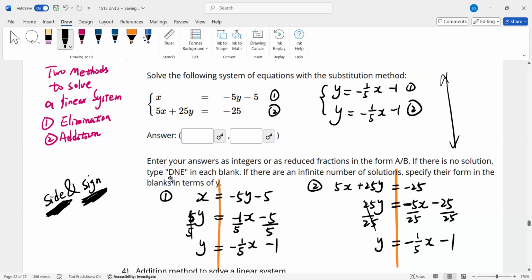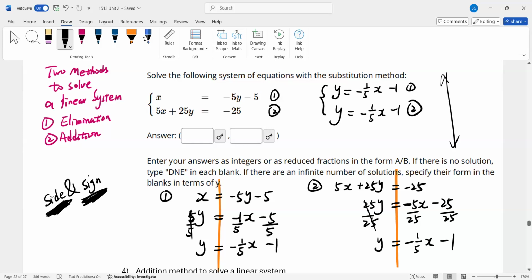Let's read this part. Enter your answers as integers or as reduced fractions in the form a/b. If there is no solution, type does not exist in each blank. If there are an infinite number of solutions, specify their form in the blanks in terms of y.